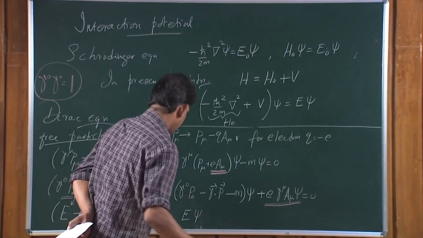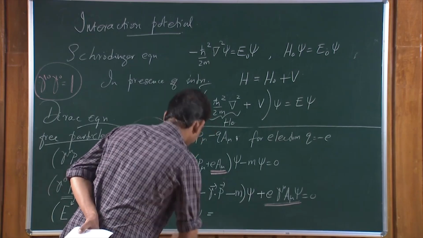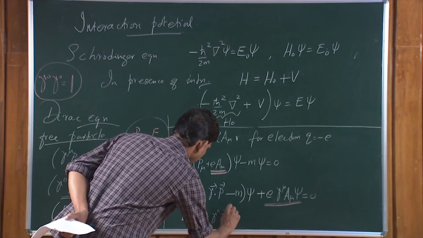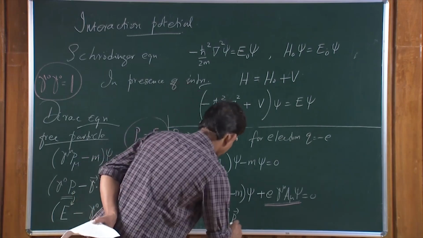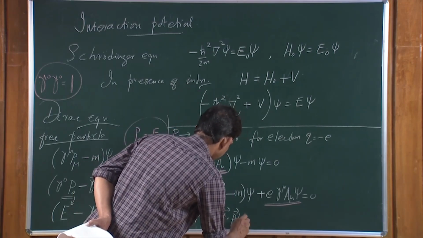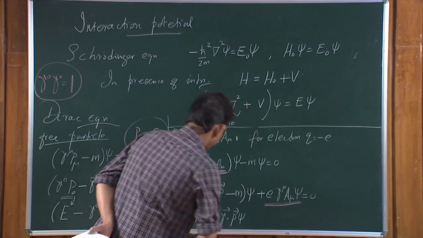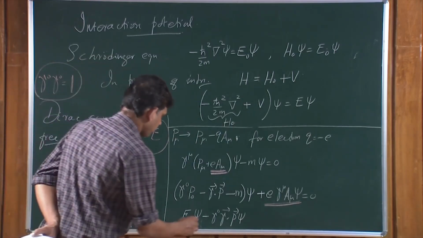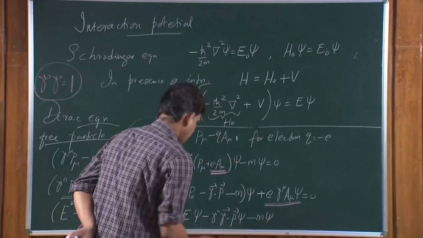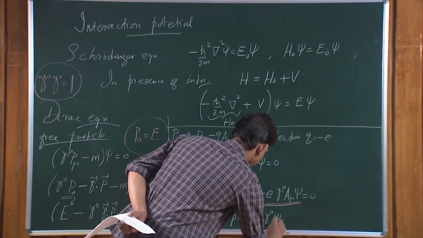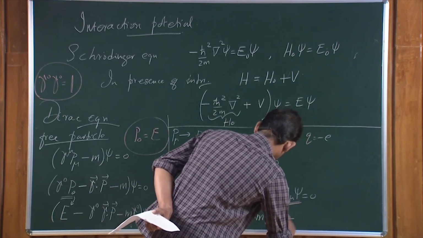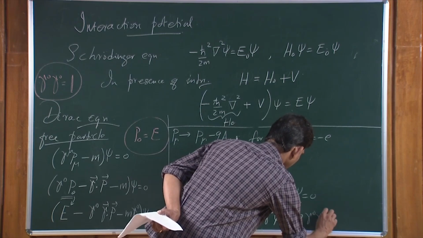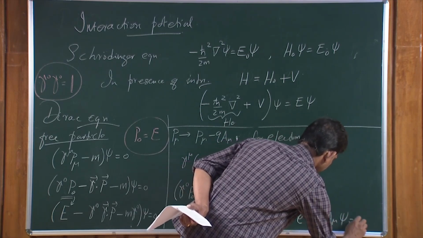So, E psi minus gamma 0 gamma dot P psi minus m gamma 0 psi, plus e gamma 0 gamma mu A mu psi equal to 0.